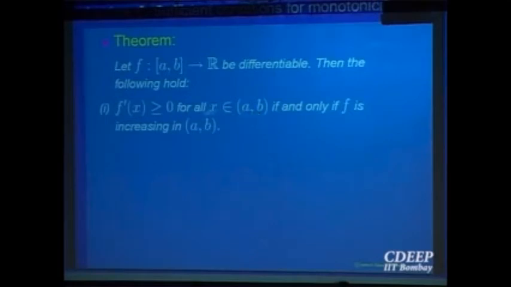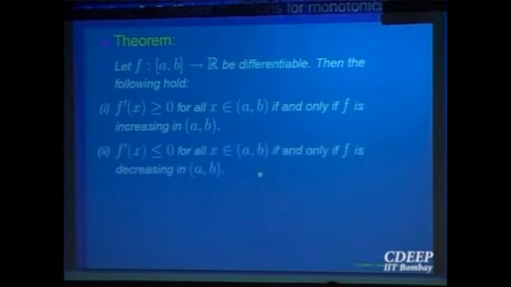So we are given a condition that we have knowledge about the derivative of the function. It is bigger than or equal to 0 at all points in the interval AB. It says this is possible if and only if the function is increasing. If the derivative is bigger than or equal to 0, then the function is increasing.